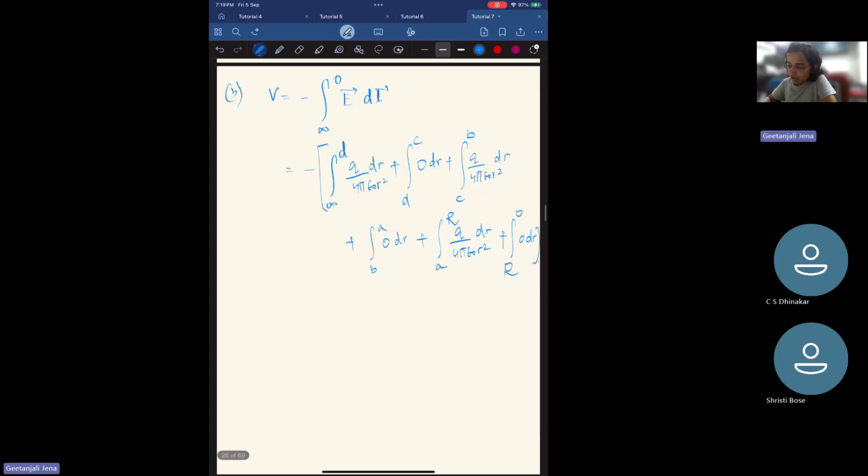So calculated, it's just a simple integration. It will give Q by 4 pi epsilon naught times (1 by D, plus 1 by B minus 1 by C, plus 1 by r minus 1 by A). Okay.